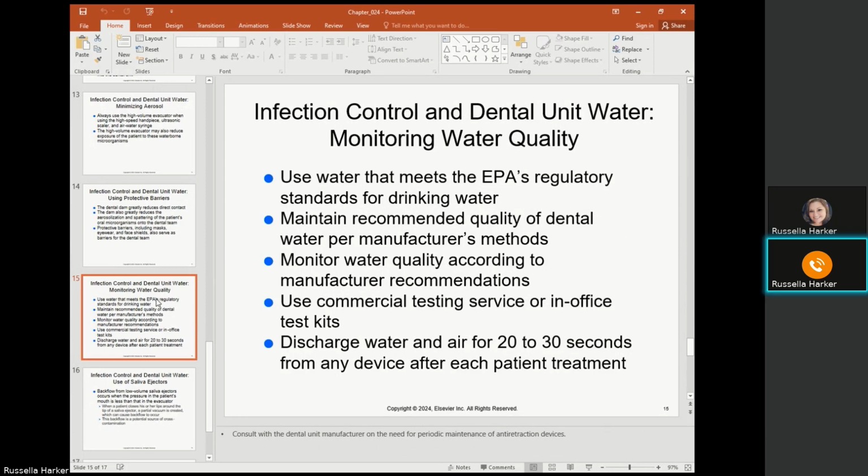So if it's not drinking water, it should be distilled water. Monitor the water according to the manufacturer's recommendations and use commercial testing or in-office test kits. Always discharge the water and air for 20 to 30 seconds from any device after each patient treatment.